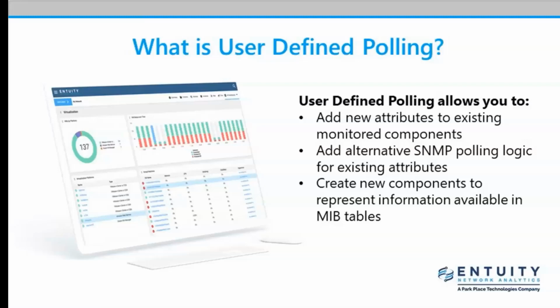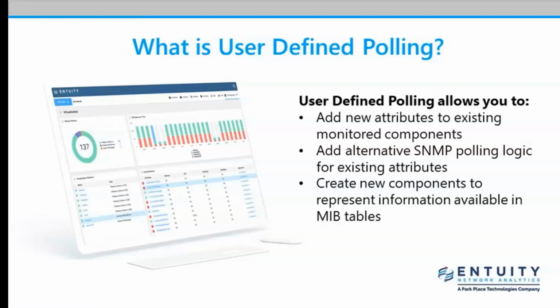Firstly, if you have a component such as a device that you want to add an additional attribute to that doesn't exist in the standard product, and define how you're going to poll via SNMP to satisfy and populate that attribute, then you can do that.